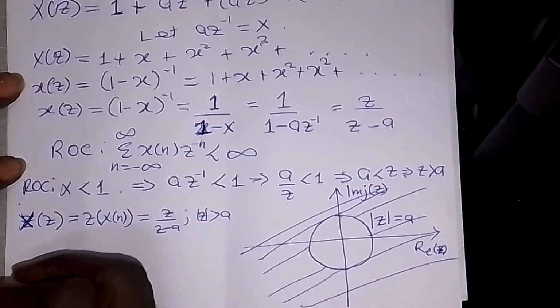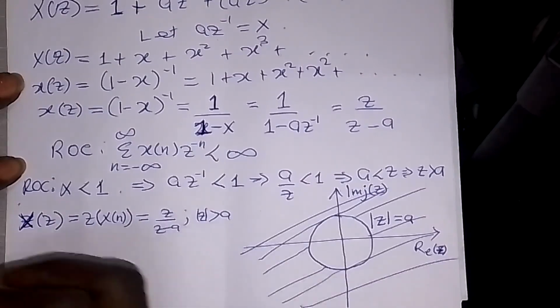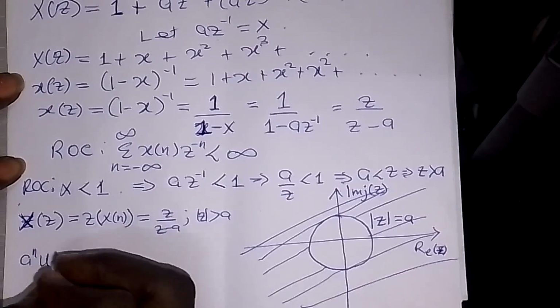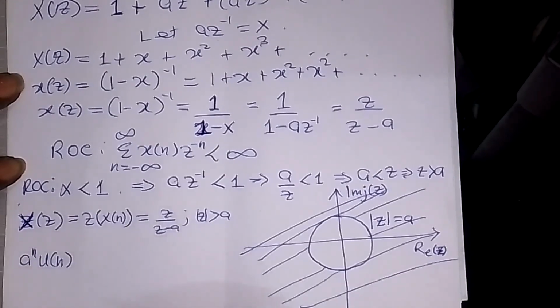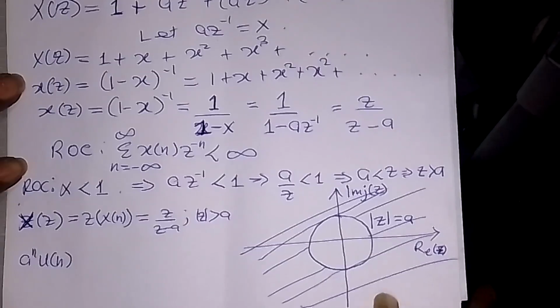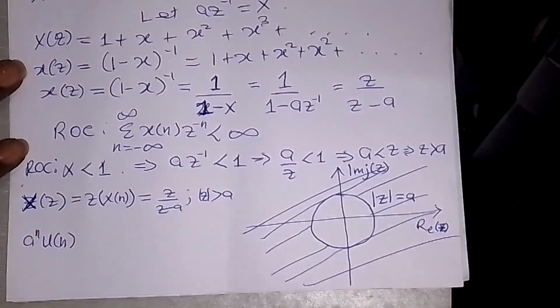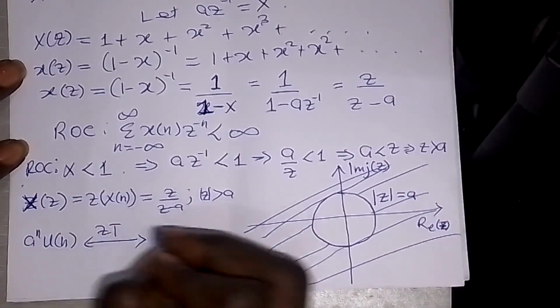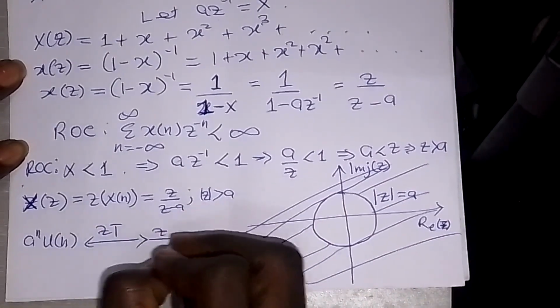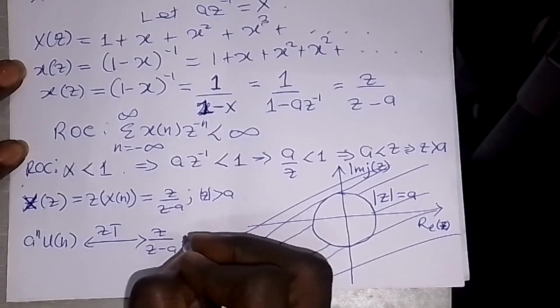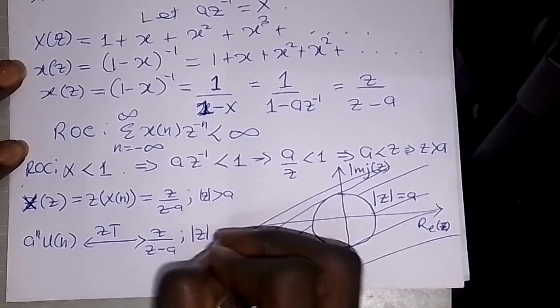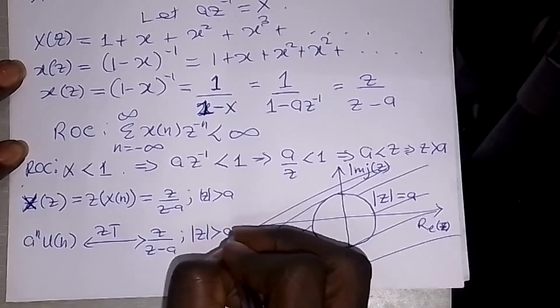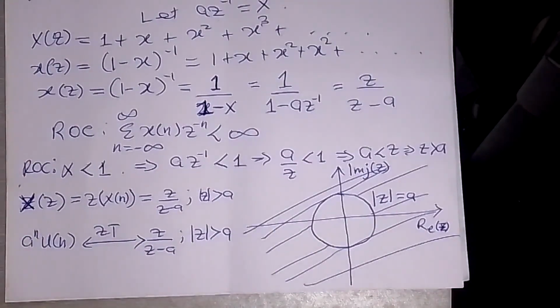Or I can say that a to the n u of n, if it undergoes Z transform, you're going to get z over z minus a, and the ROC is mod z greater than a. So this is the solution to the first question in this particular series.